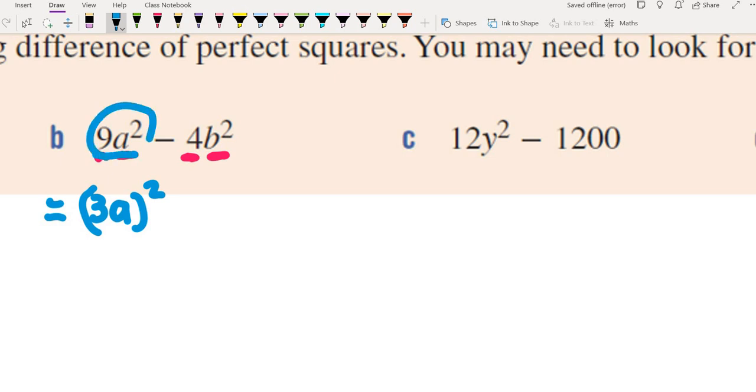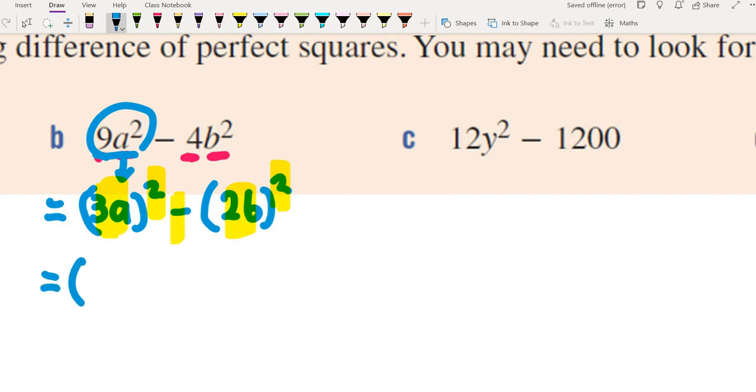So turning this into this, and minus in between, and as you would have guessed it, we can turn 4 into 2 squared, so (2b) all squared. And now we have a term that is all squared and another term that is all squared, minus in between, so we can turn this into (3a + 2b)(3a - 2b).